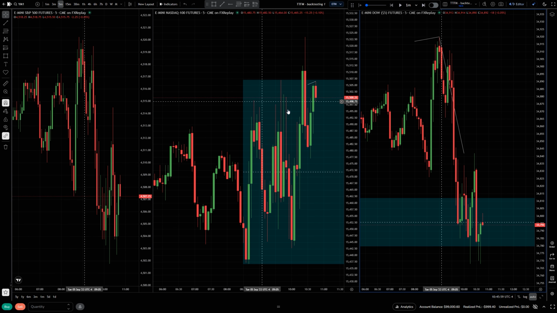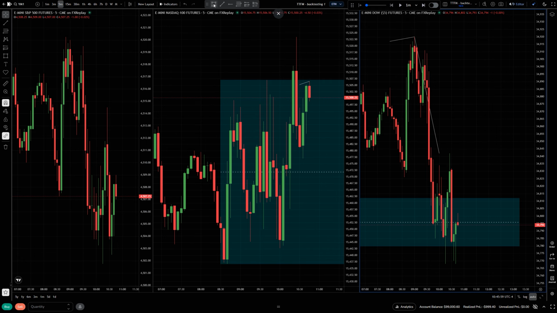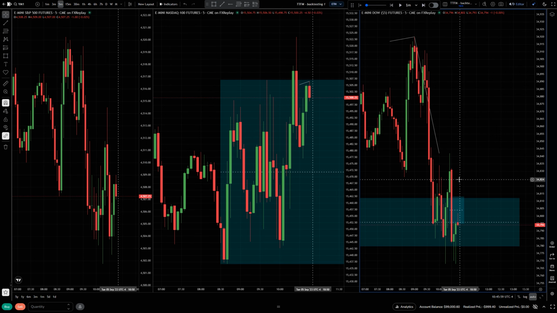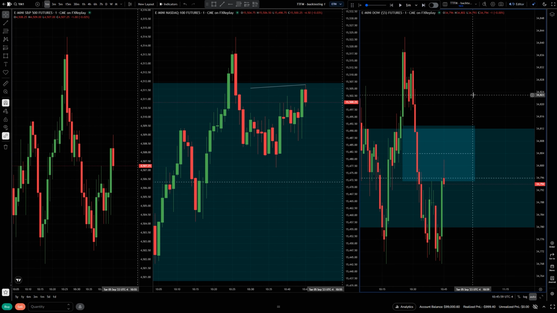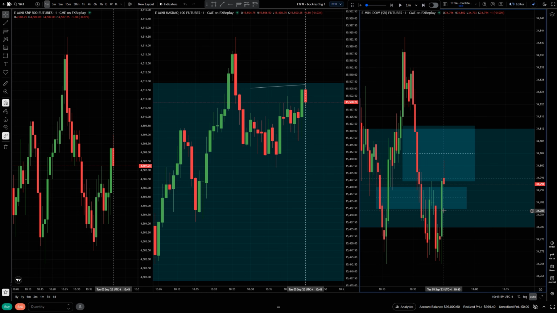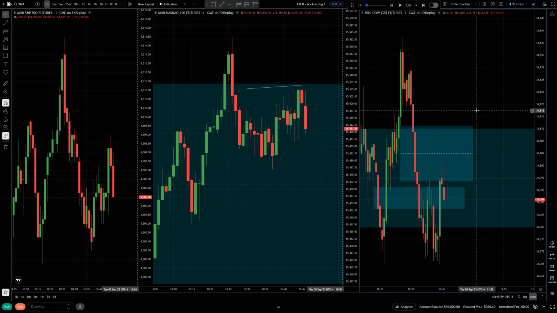So we are looking for shorts right now. Shorts are on the cards. We have this fair value gap on the 5-minute chart, and if we see some reactions, we also have this BPR like this. So if we see reactions below this, maybe we could short it.